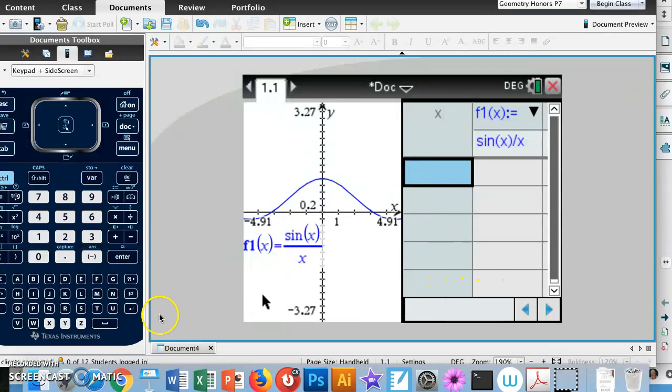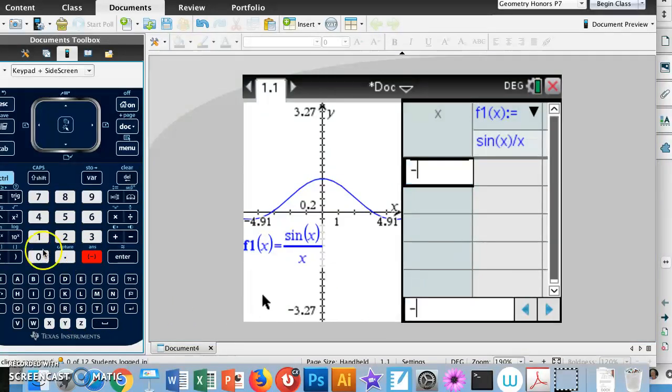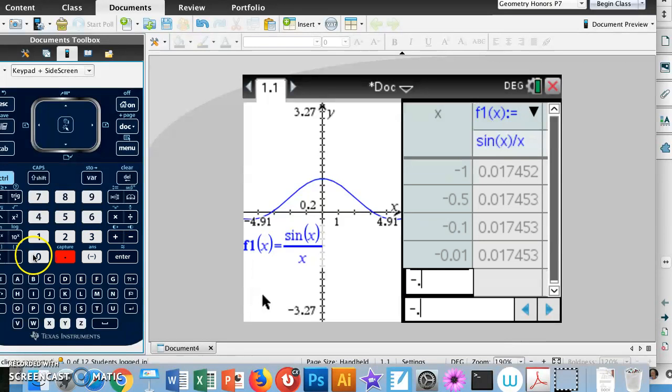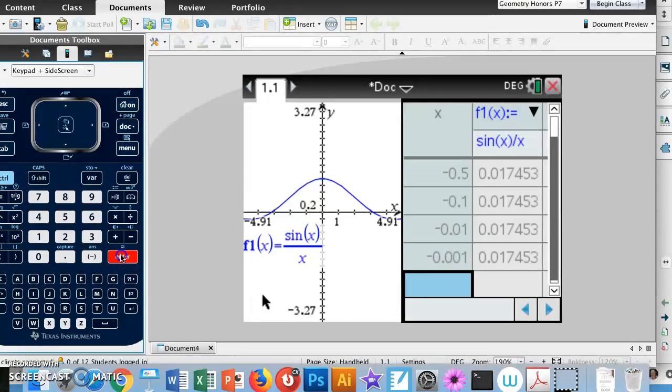Let's do -1 first, get a value, then -0.5, -0.1, -0.01, -0.001, and -0.0001.